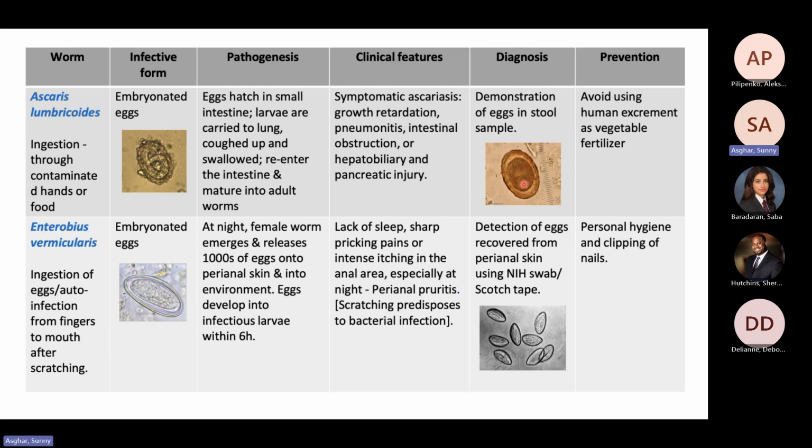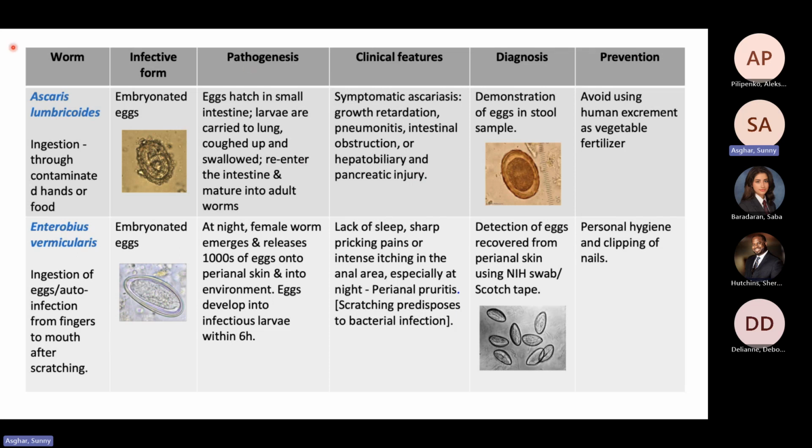Because they can throw a picture at you and expect you to know that it's Ascaris lumbricoides, right? They just ask you what this is. I'm sure they will give you a person who comes in with some type of pneumonitis or intestinal obstruction. It's very important to memorize what they look like.